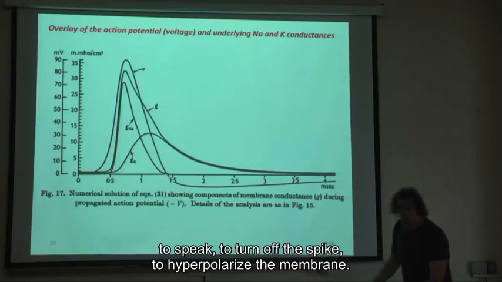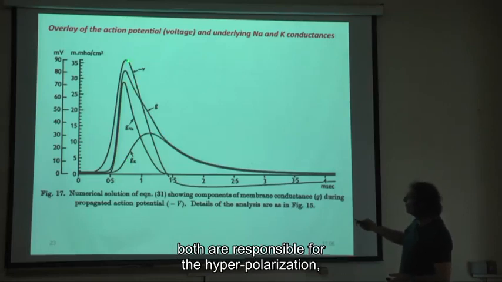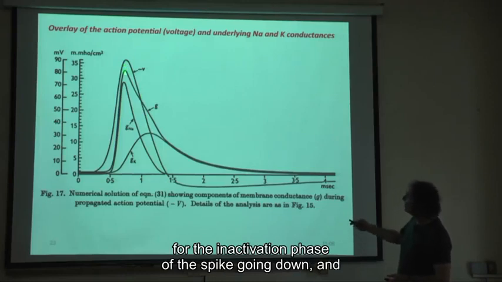to hyperpolarize the membrane. So both the potassium that grows and the inactivation of the sodium are responsible for the hyperpolarization, for the inactivation phase of the spike going down.